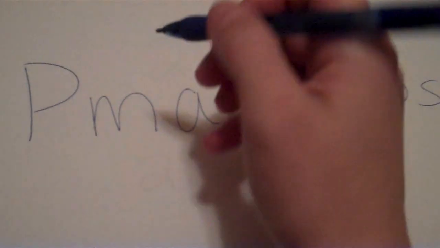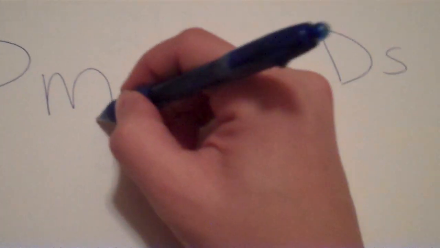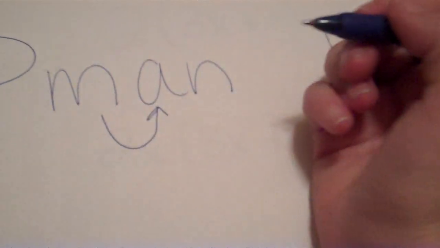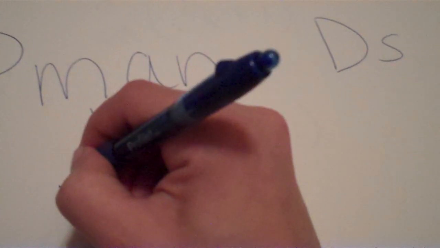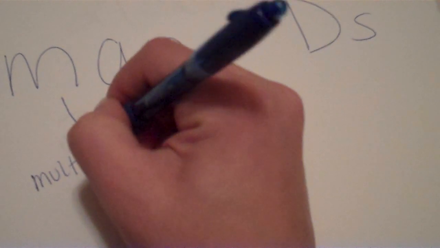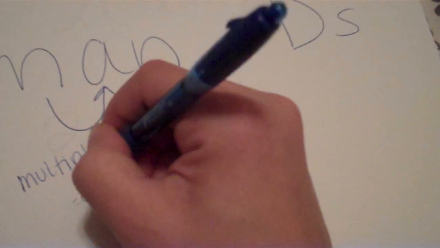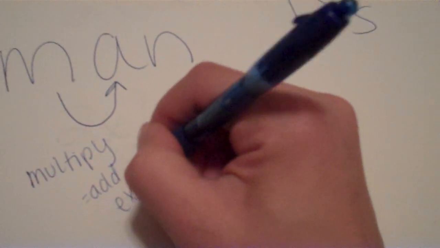Distributing, you multiply. So I'm going to go over the rules again of how we do exponents. So remember, when you multiply, you add your exponents. So please remember that when we multiply, which is when we distribute, we're going to add the exponents.